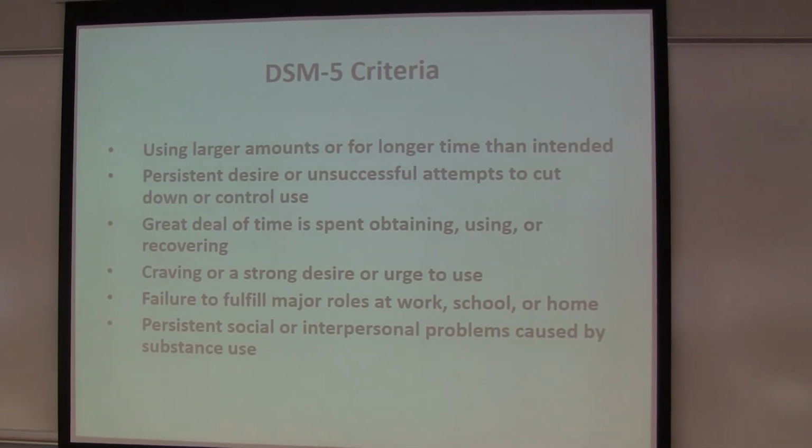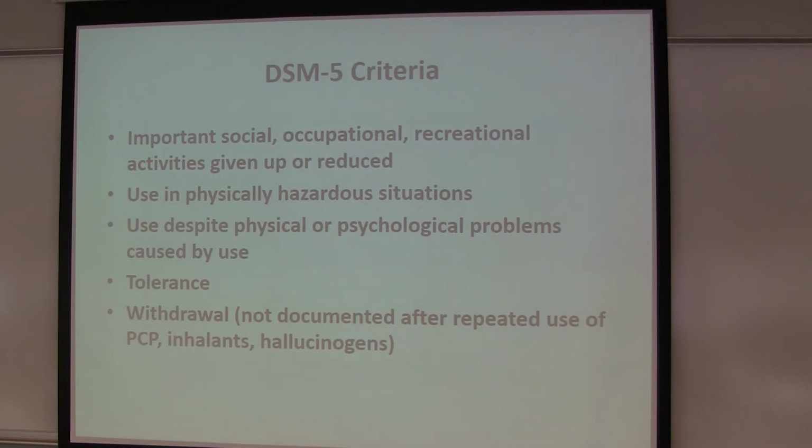People are starting to get angry at me because they're not understanding why I'm continuing to use when it's causing me problems. What's going on? So use in spite of possible adverse consequences continues. And that's part of the criteria.